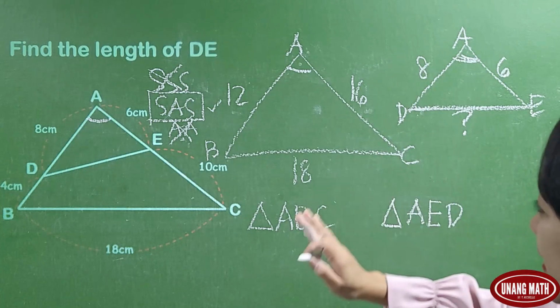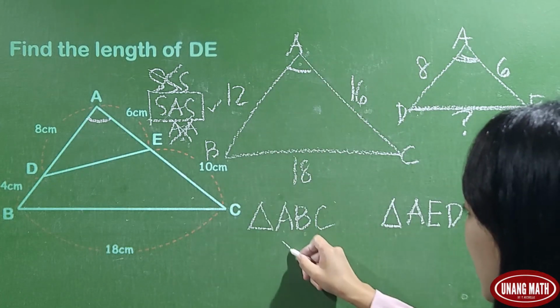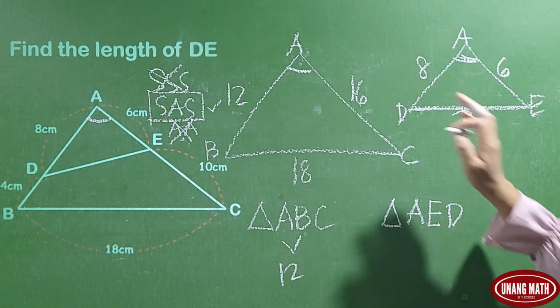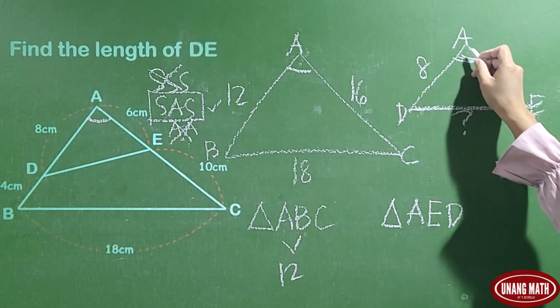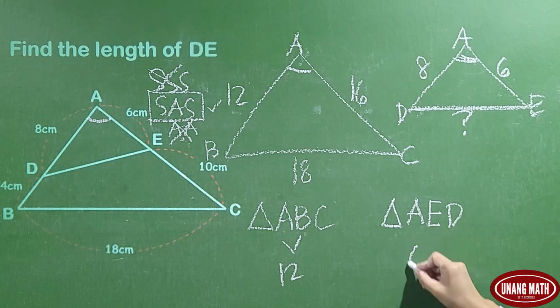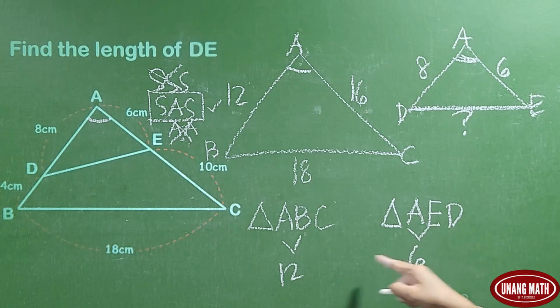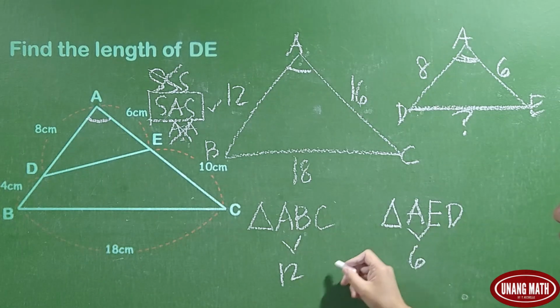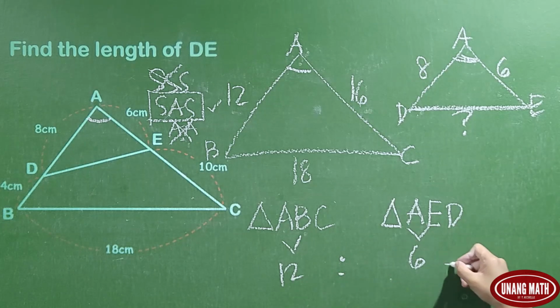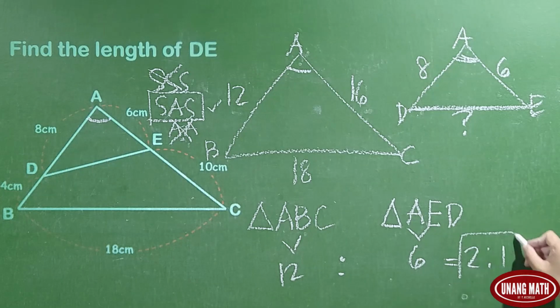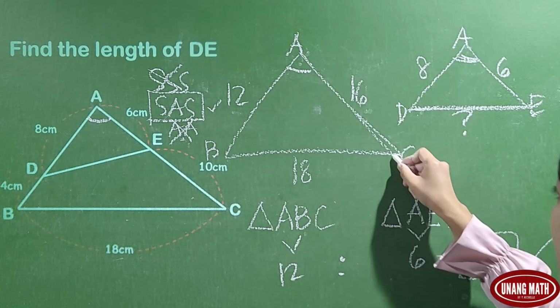Okay, it's given that AB is 12 centimeters. This side AB corresponds to side AE, which is 6 centimeters. Let's find out the ratio of these corresponding sides. We have here 12 is to 6, and if we simplify, this is 2 is to 1. So the ratio is 2 is to 1. How about side AC?